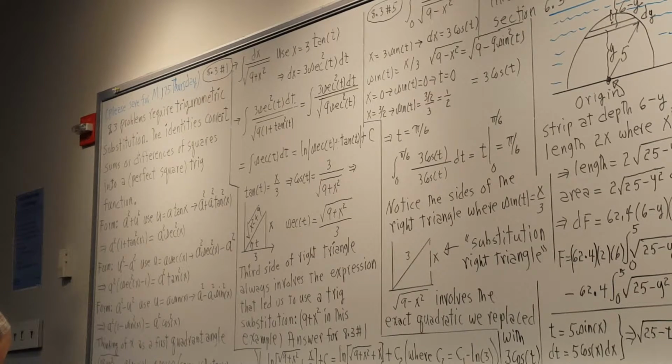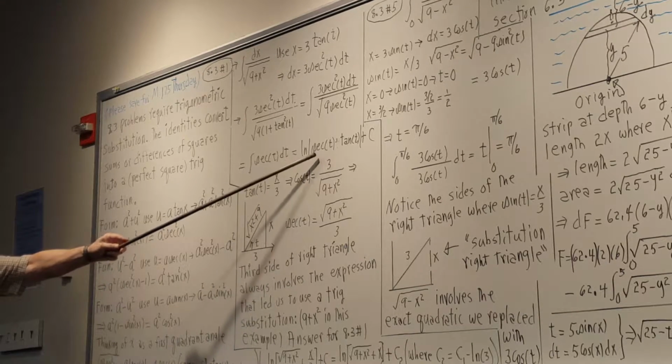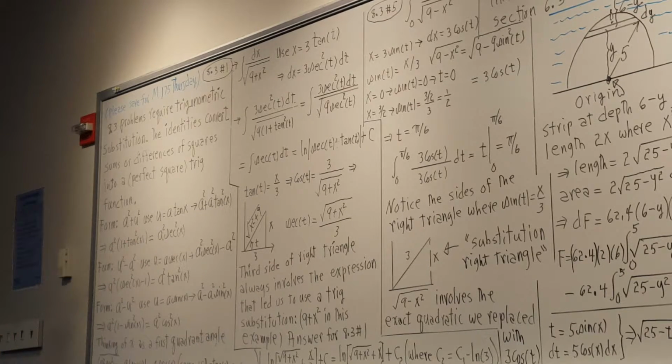And we did the secant with the trickery that you take secant and you multiply and divide by secant plus tangent, and write them one way on top, say secant plus tangent, and then opposite, tangent plus secant, say on the bottom.